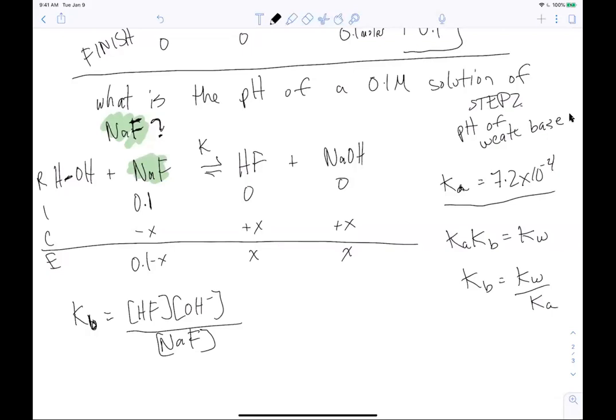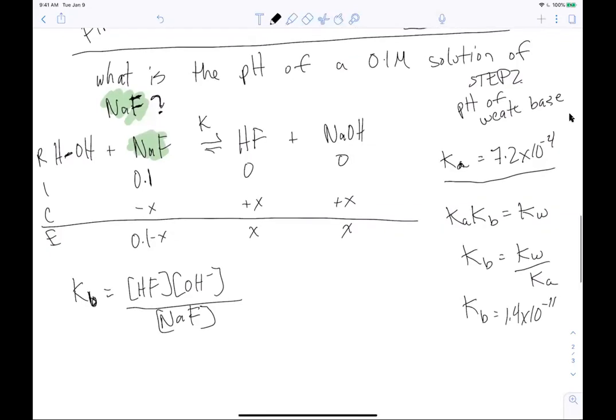And so I get Kb is equal to 1.4 times 10 to the minus 11th. And then I can come in and solve this problem.